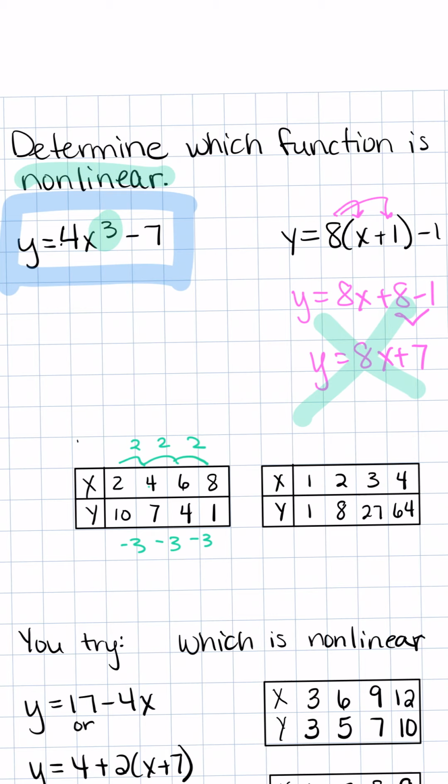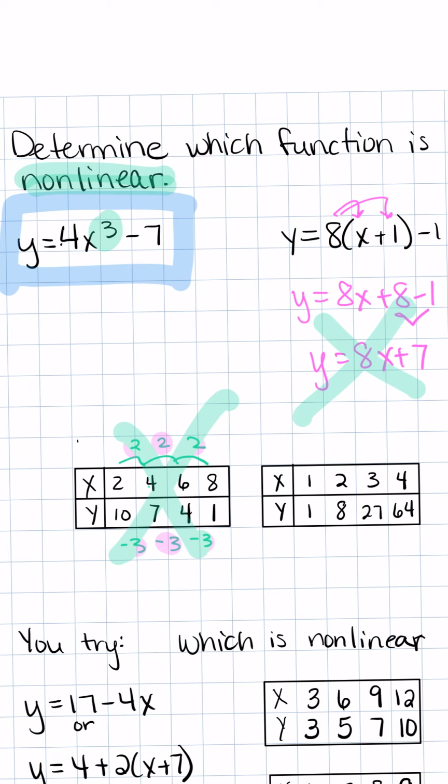Ooh, so these are negative 3, 2, negative 3, 2, negative 3, 2. Those are the same. This is linear, and we're looking for something nonlinear. So that's not it. Let's look at the next one.